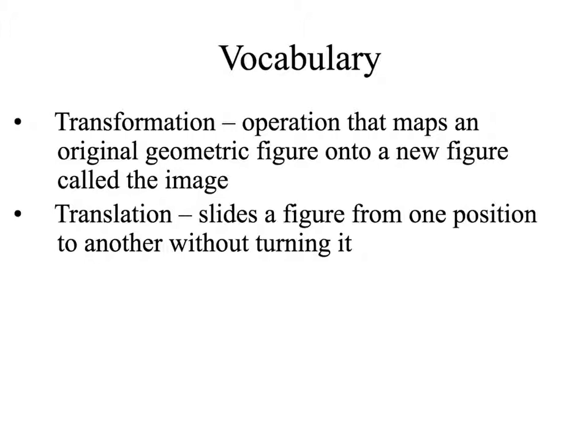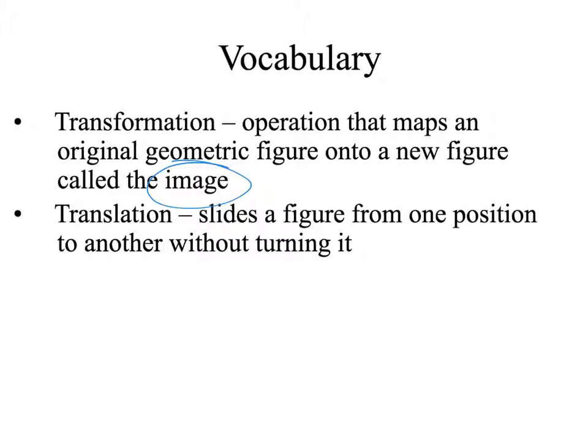Vocab, official definition of a transformation: taking an original figure and mapping it or moving it somehow, transforming it to a new shape, a new image. And we call that an image. So the new shape we end up with is going to be known as an image.